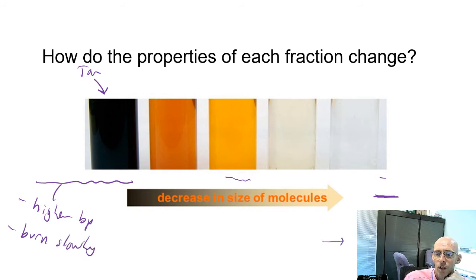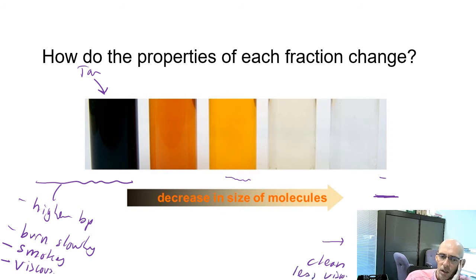These ones at this end burn quickly. These ones, when you burn them, are really smoky. These ones at this end burn with a really clean flame. That's why diesel cars with longer chains are much smokier than petrol cars. These ones at this end are really thick. They pour really slowly. They're very viscous. And these are less viscous.